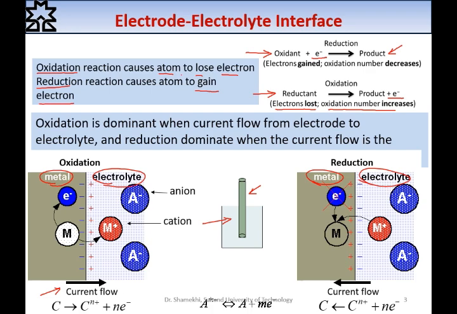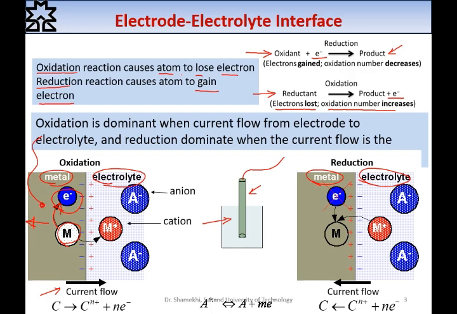Therefore, the metal atom should lose its electron to give the electron to the wire connected to this metal.